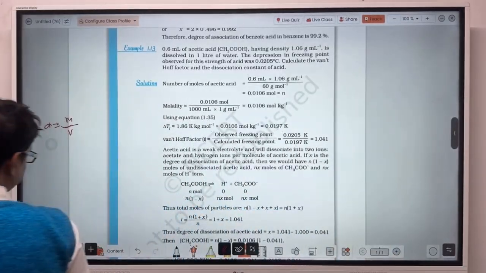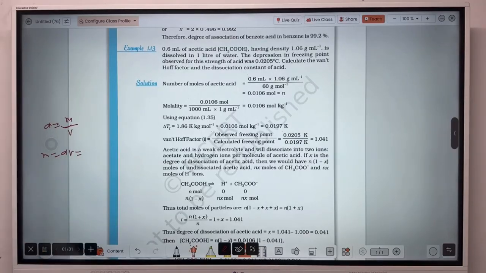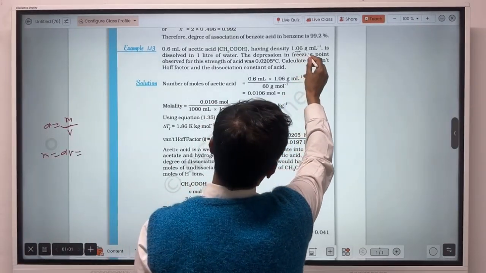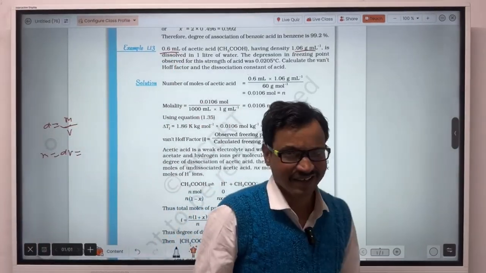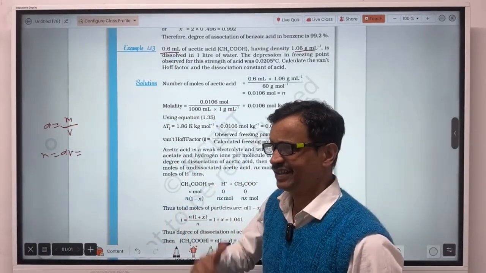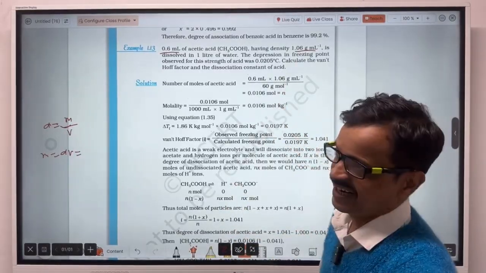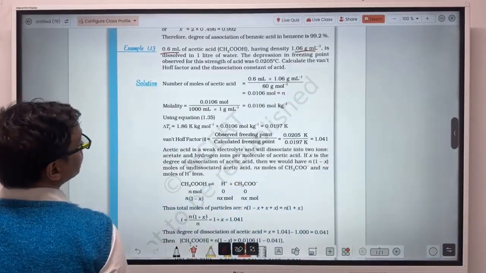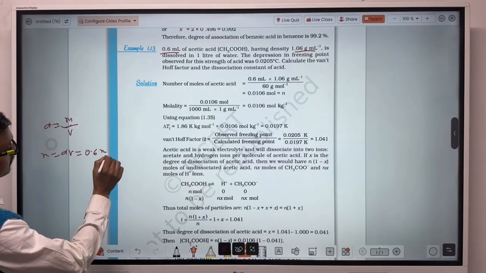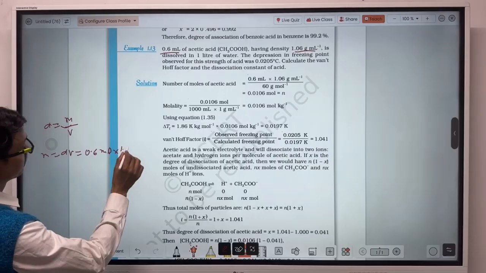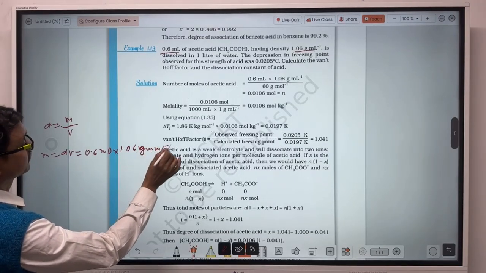Mass equals density into volume. Density has been given in gram per milliliter and volume in milliliter, so directly you multiply the density with the volume. The mass you will get in grams. So that will be equal to 0.6 milliliter into 1.06 gram per milliliter.